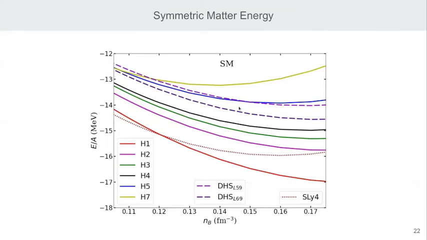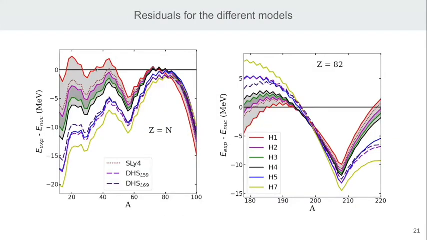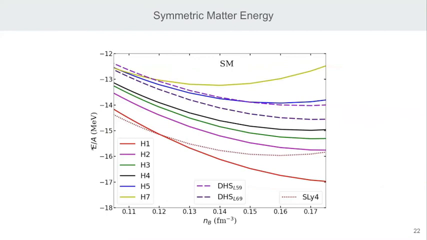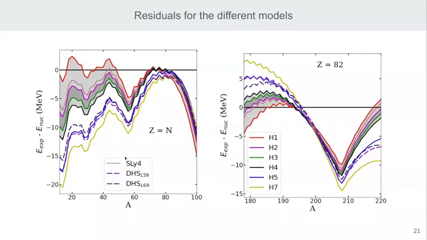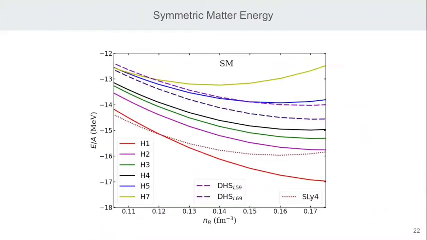So the order, as you see here, red, magenta, green, black, is the same as we see here, red, magenta, green, black, and the rest. So there is a correlation between the symmetric matter prediction for uniform matter from the Hamiltonians and their ability of reproducing nuclear masses, as we see here.